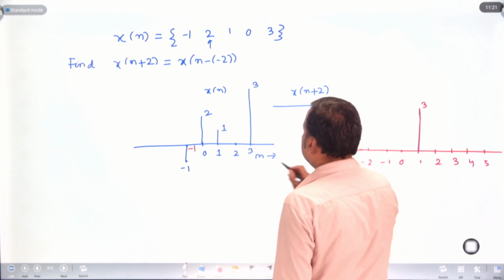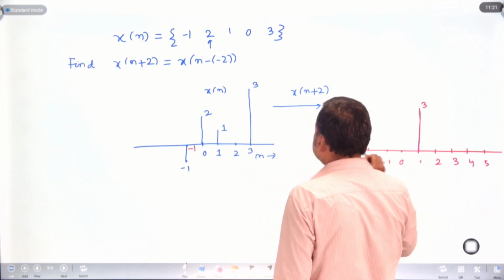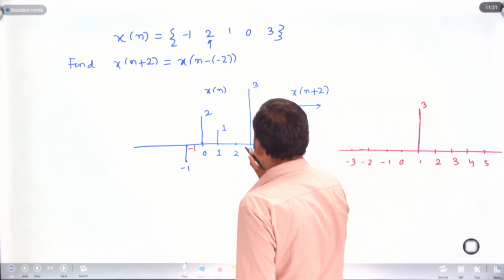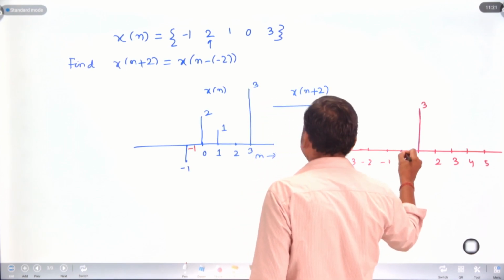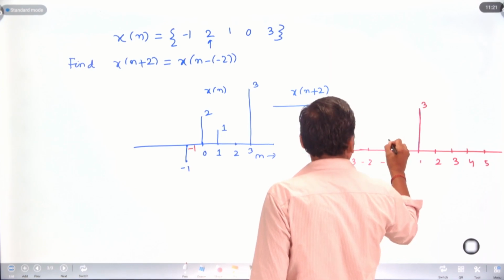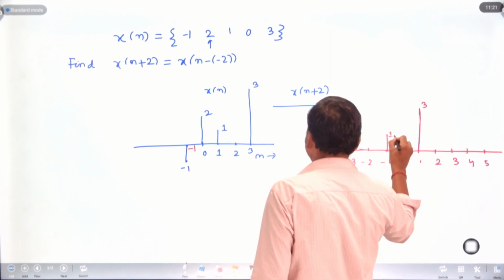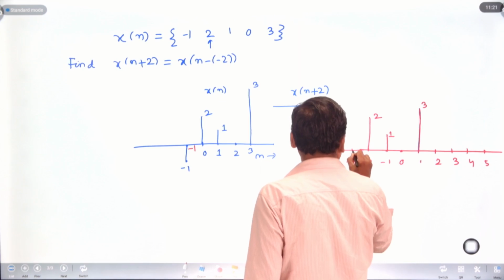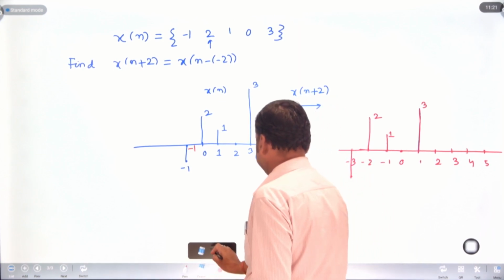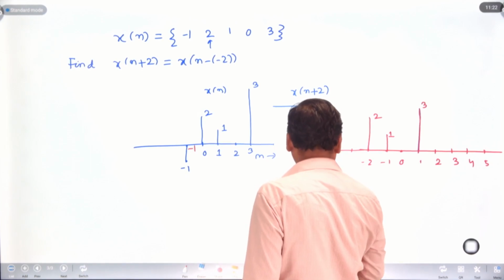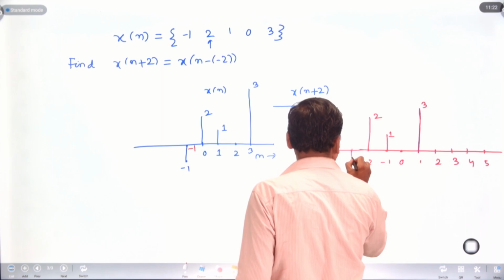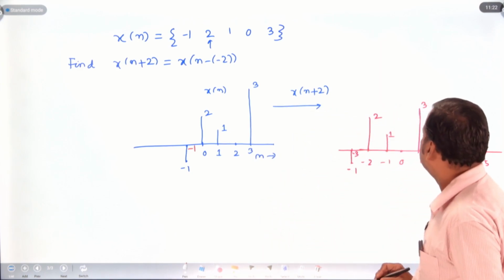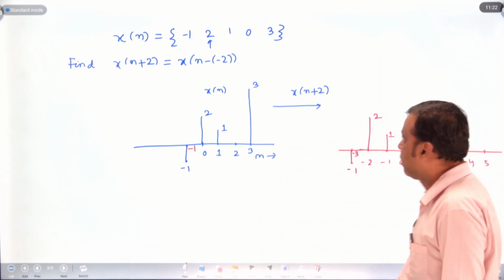This is nothing but x of n plus 2. Each sample is shifted to the left by 2 units of samples.